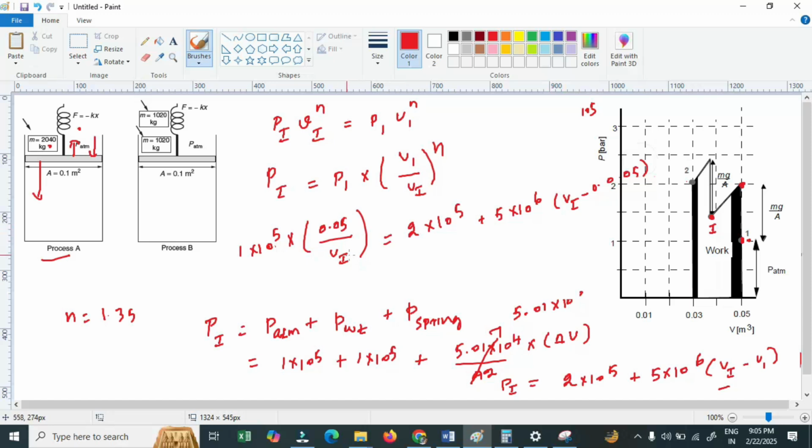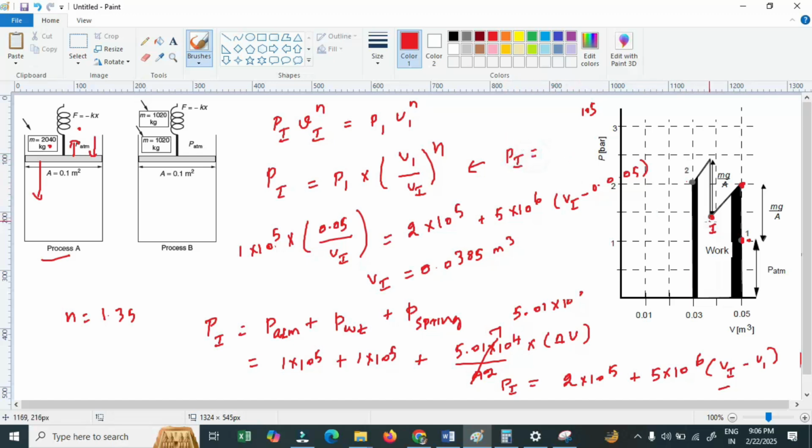The only unknown is Vi. By substituting all the values and rearranging this equation, I will get Vi approximately 0.0385 meter cube.